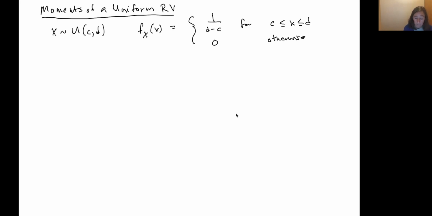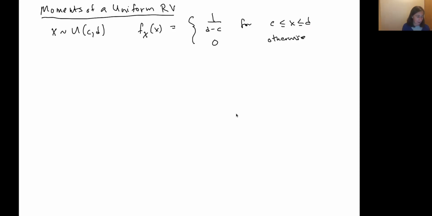So what we mean by a uniform random variable is that its PDF is flat over a certain range, and the height of the PDF is whatever it needs to be to integrate to 1. And so if the base of the rectangle shape that these PDFs always have is d minus c, the height needs to be 1 over d minus c in order to satisfy Kolmogorov's second axiom.